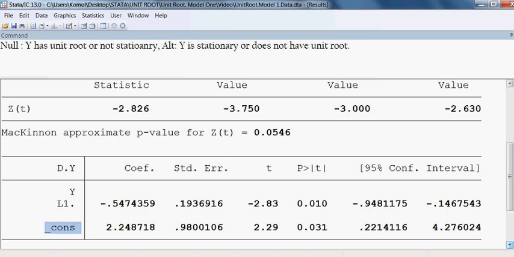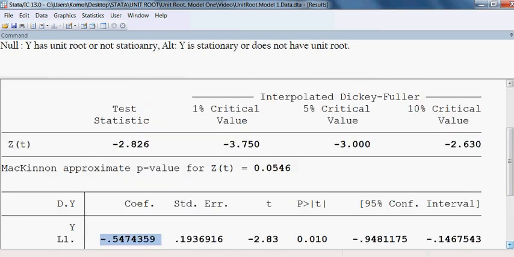But make sure this L1 must have a negative sign. It must have a negative coefficient, right? Otherwise the model is not valid. The model is not valid if the coefficient is not negative. So here it is negative, so we can accept this model. And here what is our decision? Y has unit root.